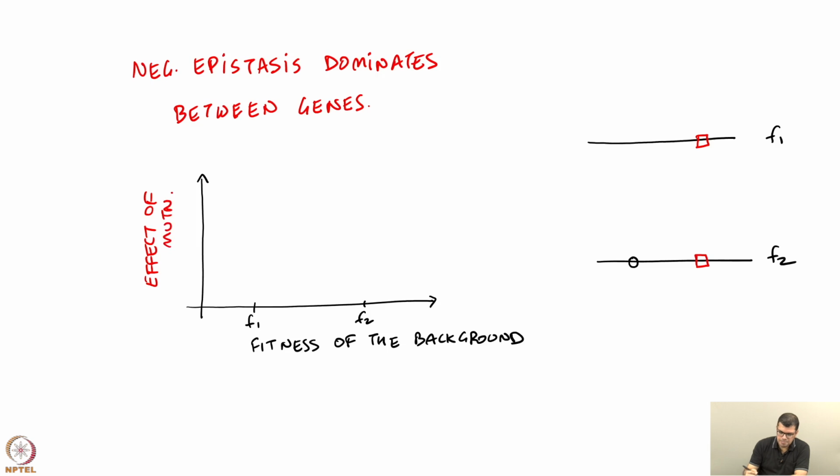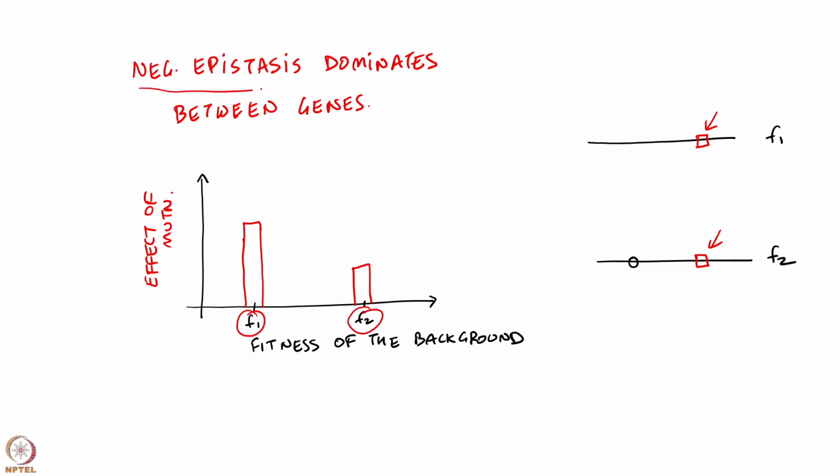The same mutation happening, negative epistasis says that it will have a greater benefit in a background of lower fitness as compared to the benefit that it confers on the genome of higher fitness background. So, even though the mutation happening is the exact same in both of them, their fitnesses are different, and hence the fitness benefit that this same mutation confers is going to be greater in the background with lower fitness as compared to the background with higher fitness, and that is negative epistasis.